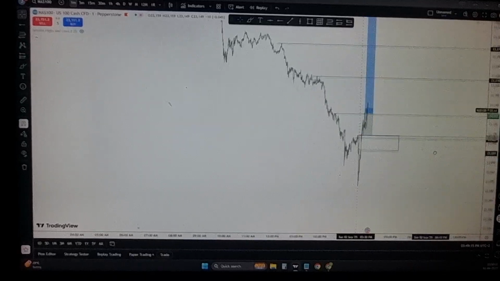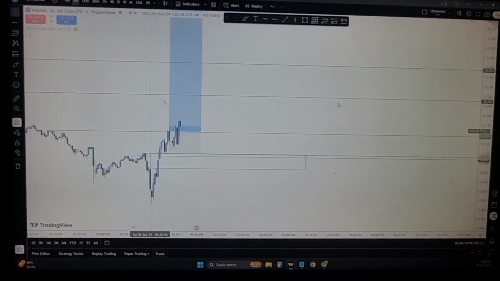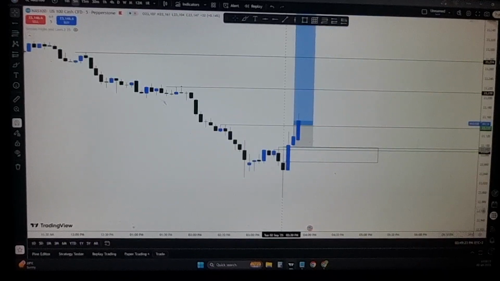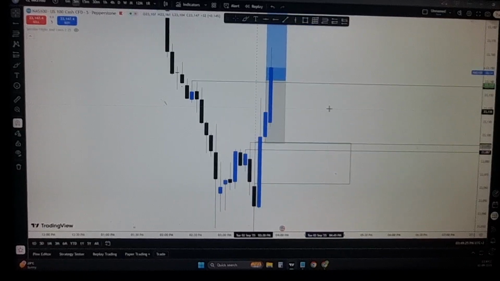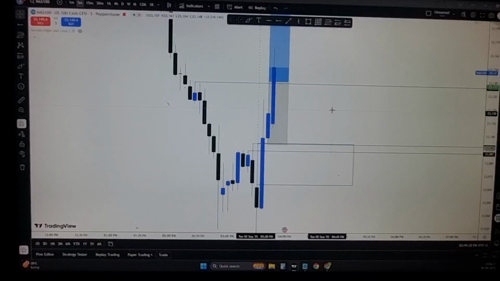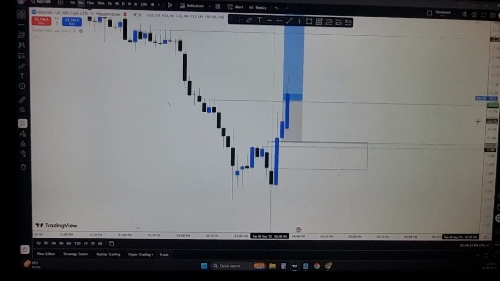Tighten these highs. Okay, let's see. We definitely need to wait for the 5 minutes to make a move for us. Otherwise, we are not trading today.